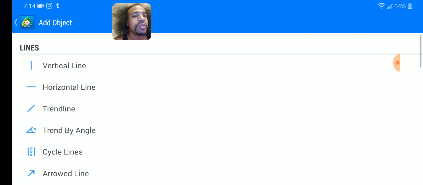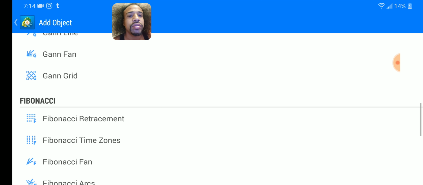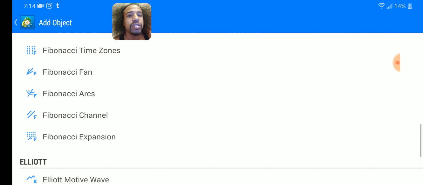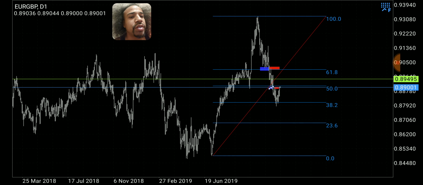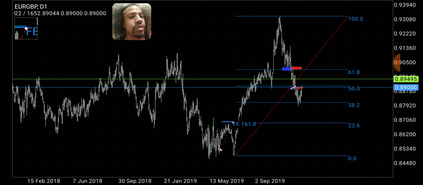I'm going to go ahead and use the Fibonacci expansion tool. And what I'm doing is I'm using these tools and gathering a general analysis. That's all I'm doing.